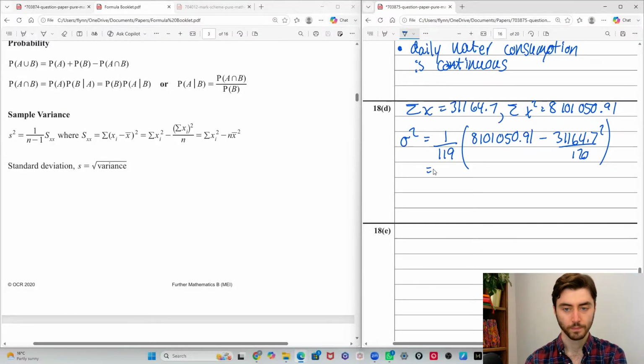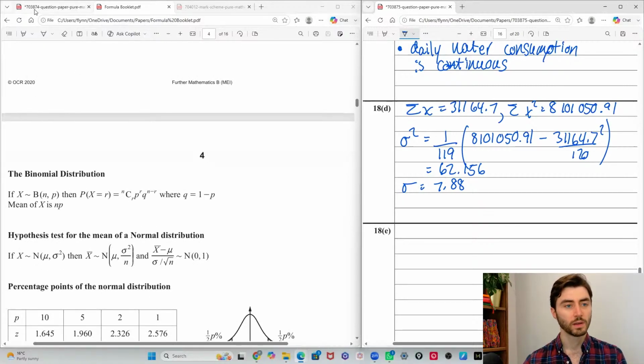So 1 over 119 times 8101050.91 minus 31164... Look how careful I am not to mistype anything. I am checking every single button press, and I get 62.156. In other words, the standard deviation is the root of that, which is 7.88.